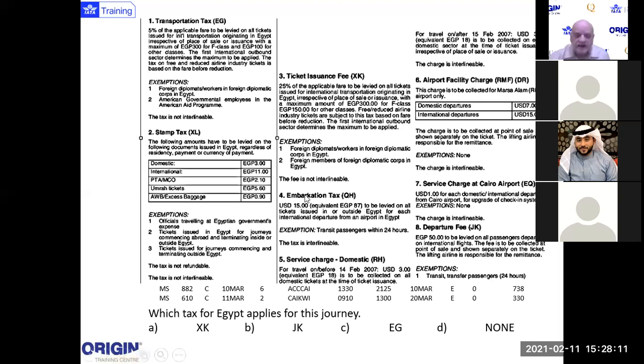Okay, tax number 4, an embarkation tax QH. USD 15, equivalent of EGP 87, to be levied on all tickets issued inside or outside of Egypt. That means everywhere. For each international departure from an airport in Egypt. Only exemption, transit passengers. So do you think we have to pay this tax for this journey?